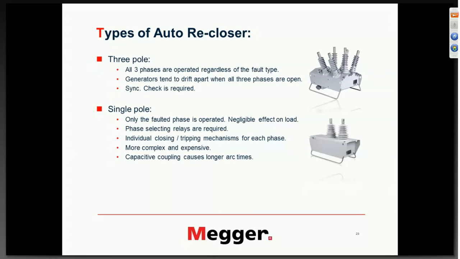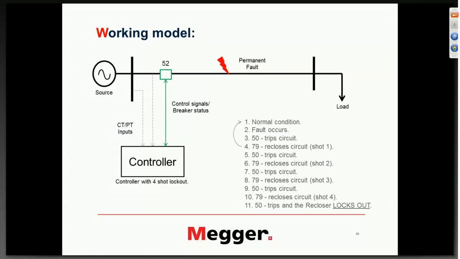In other words, your controller should know which phase the fault happened on, whether it is an A to B fault or a B to C fault. The controller should know which phase the fault occurred. And that's easy because at the circuit breaker, we have the CT inputs on all three phases. So the controller is going to see an increased amount of current on the specific phases where the fault occurred.